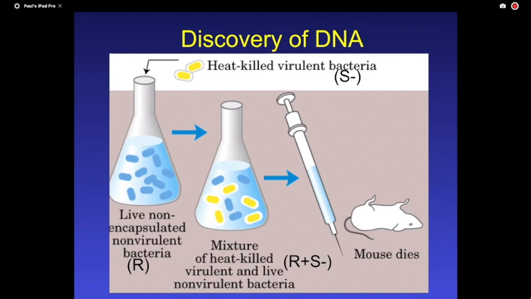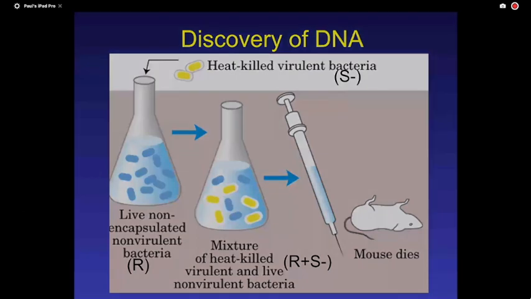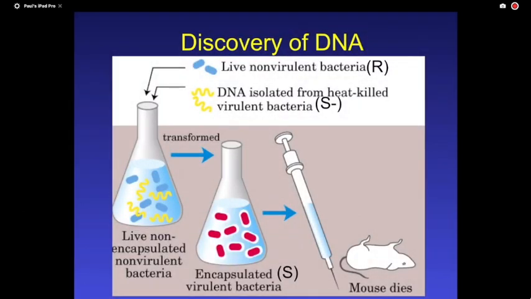They isolated the sugars from the heat-killed version and mixed it with R. They isolated the proteins from the heat-killed version and mixed it with the R. And they isolated the nucleic acids from the heat-killed version and mixed it. Only one of them caused something to happen. When they isolated the DNA from the heat-killed version and mixed it with the R, it created the deadly version.